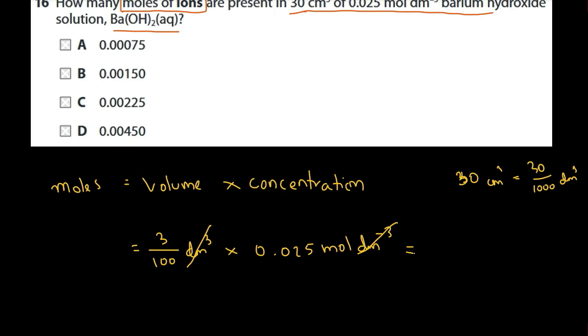So the number of moles you have is 7.5 times 10 to the power minus 4 moles. So we now know the number of moles of barium hydroxide solution. We're not done yet.